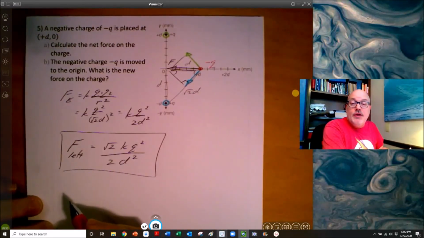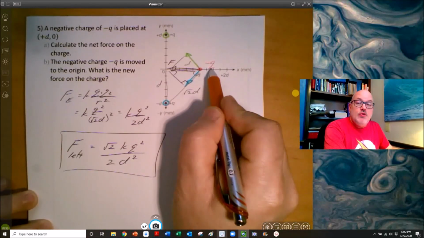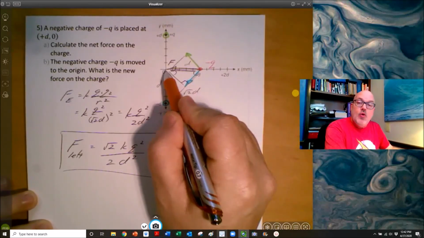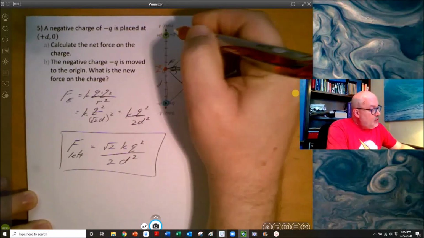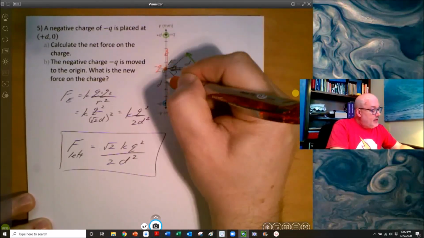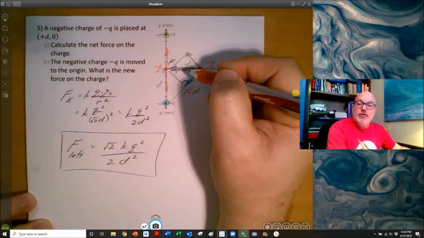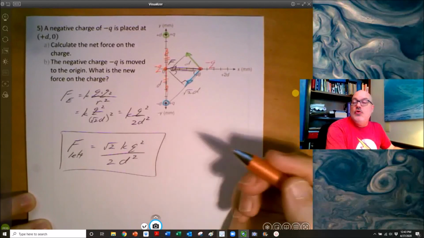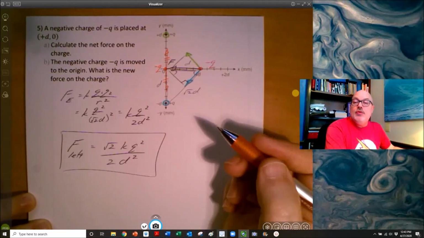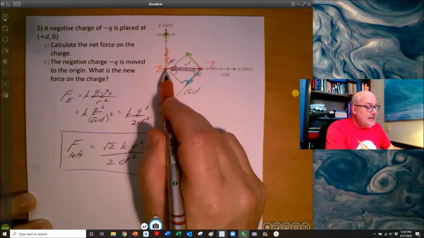The last part of our question asks, what happens if we move this -q to the origin? So if we put this here, -q, notice how it will be attracted up and attracted down. It's all symmetrical, so these two forces will cancel, so it won't do anything. It won't go up or down. It would stay in place if we leave it there.